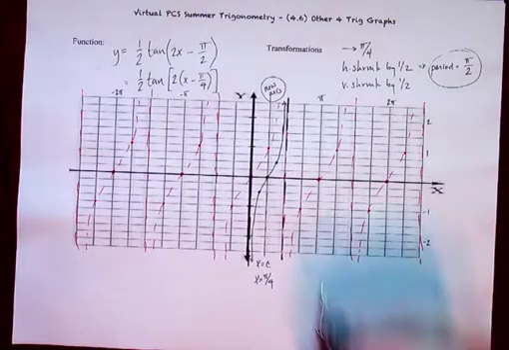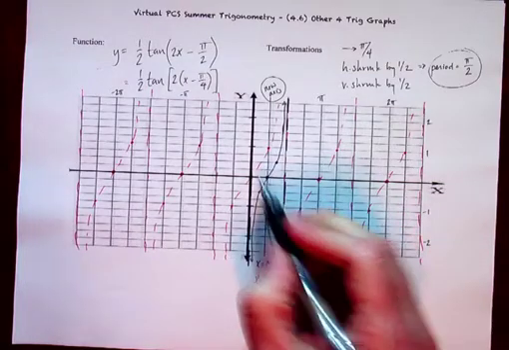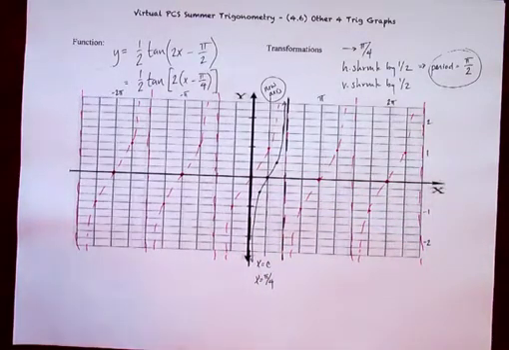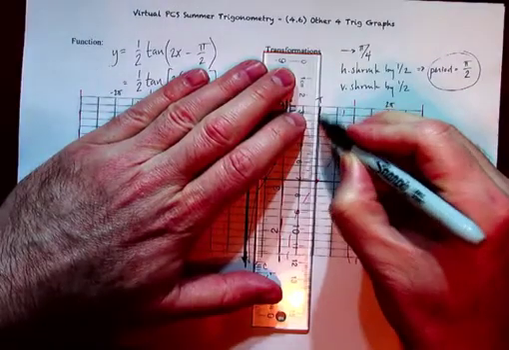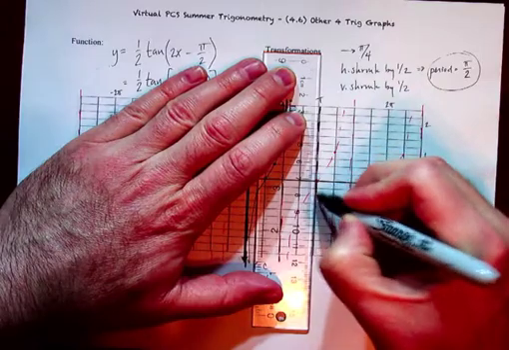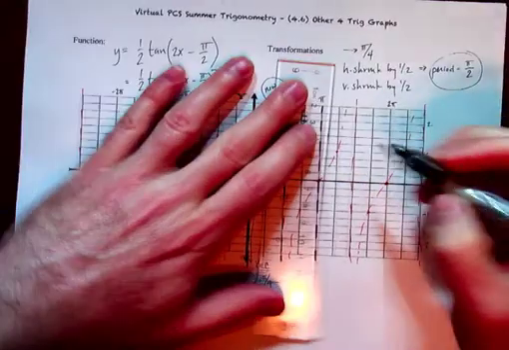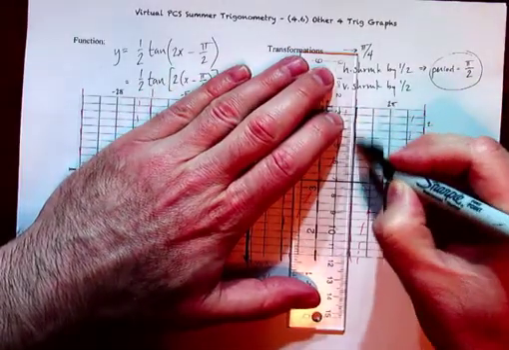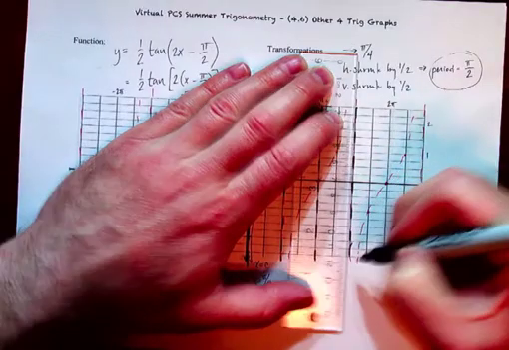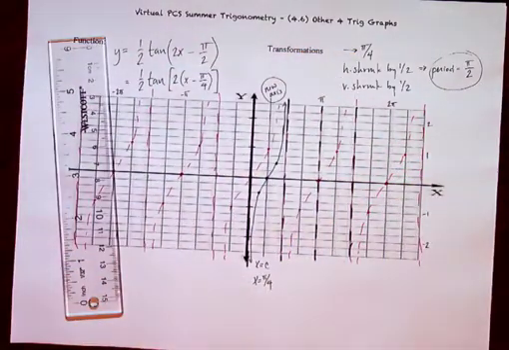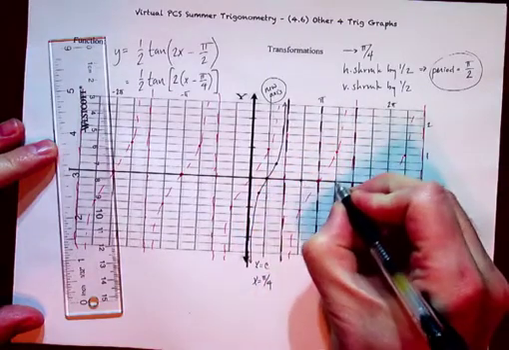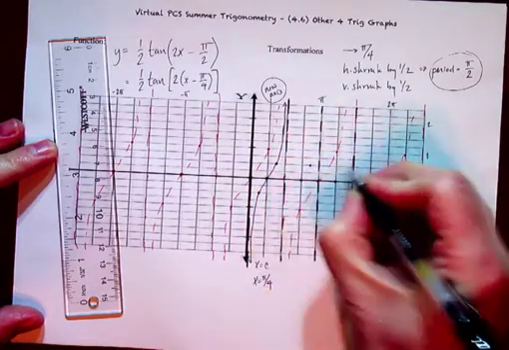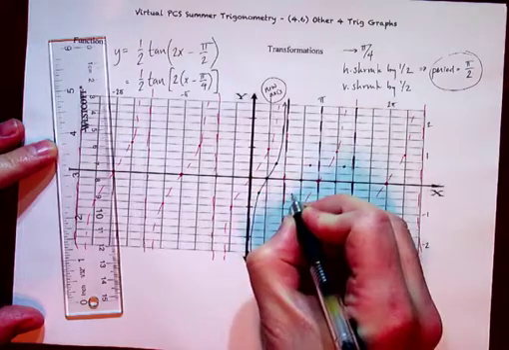And basically, now I know that is representative of what happens every pi over 2, so all I have to do is just replicate that shape, right? So really, all you have to do is just transform one period and then copy, copy, copy all the way across. And I'm not going to draw all of the periods, but I'm going to just draw a couple of them. This happens every pi over 2. This happens every pi over 2. This happens every pi over 2.